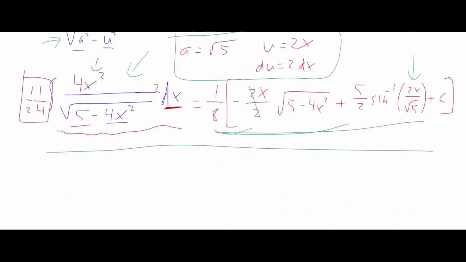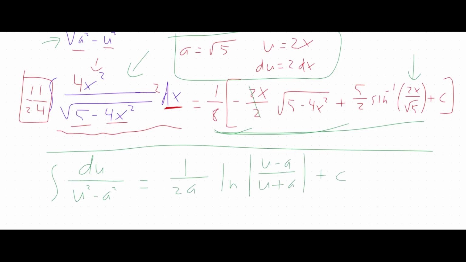Let's do another one. Let's say that we have the integral of du over u squared minus a squared is 1 over 2a natural log absolute value of u minus a over u plus a, plus c.